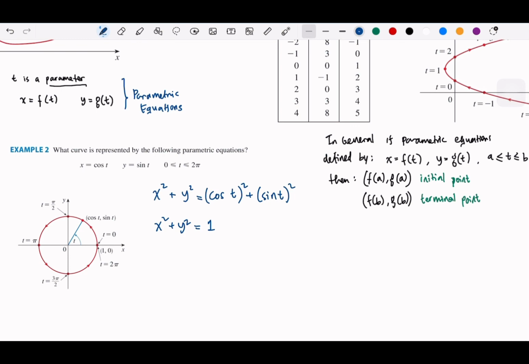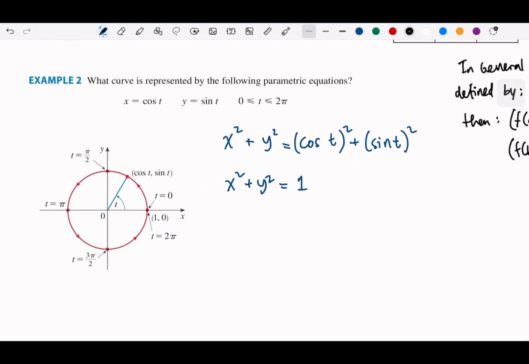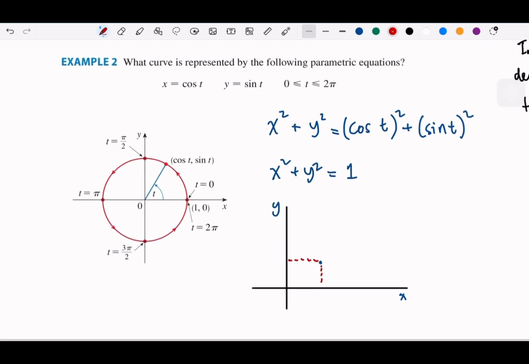It means that every time you point x, y, you could define this in a rectangular manner, right? It would be different if you convert this into polar. The rectangular will be gone. It will be a circle, something like this. This is just an overview for the next part.